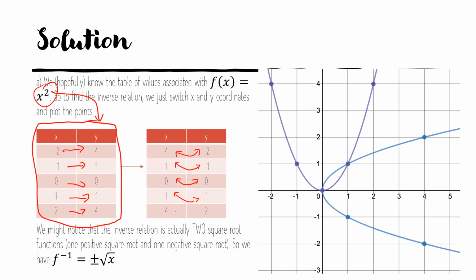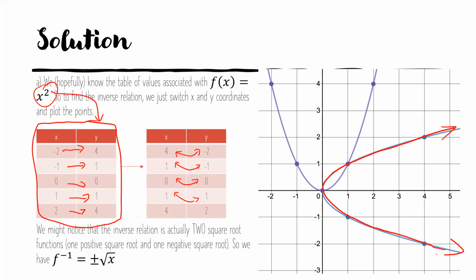Notice that in the inverse relation, this is what the graph will start to look like. We have 0, 0, 1, 1, 4, 2, 1, -1, and 4, -2. We notice that it is basically a parabola, but it opens up sideways. I think we have seen this already, at the very beginning when we were considering inverse relations.